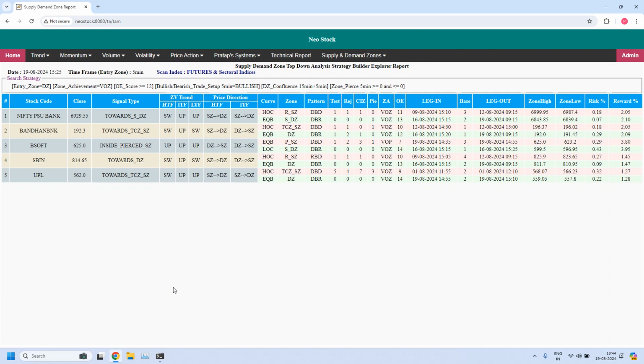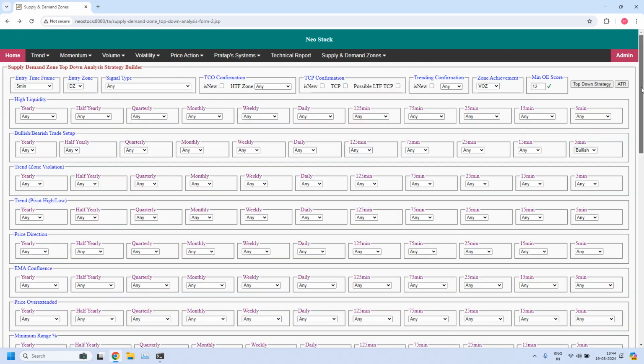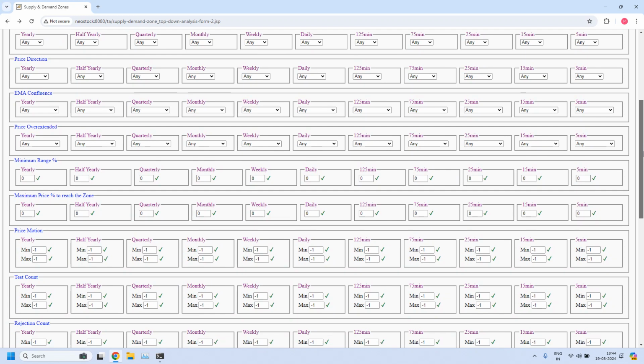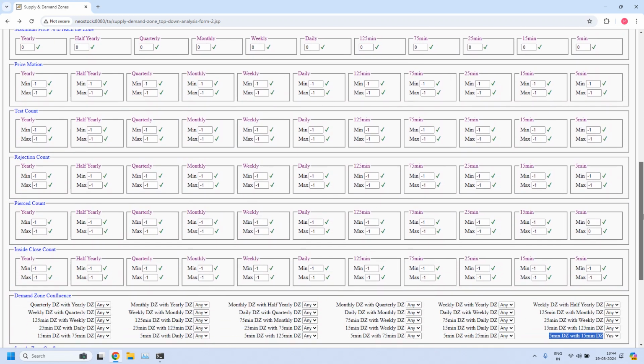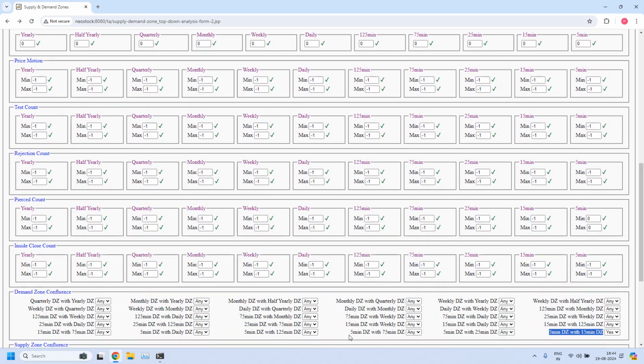All these 5 stocks demand zones. Now we will verify again out of these how many are having confluence with even HTF time frame. HTF is 75 minutes. So 5 minutes, 15 minutes and 75 minutes demand zone confluence. So 5 minutes demand zone with 75 minutes demand zone selected. 15 minutes demand zone with 75 minutes demand zone is selected.